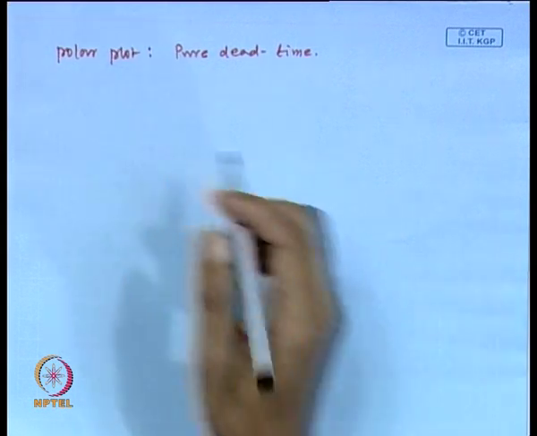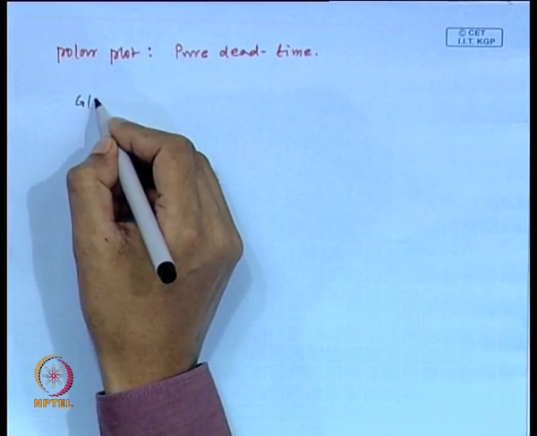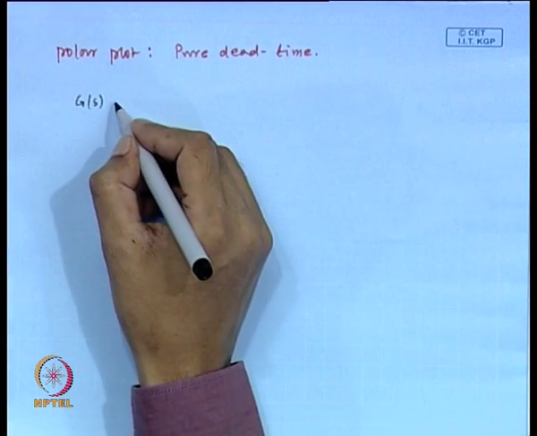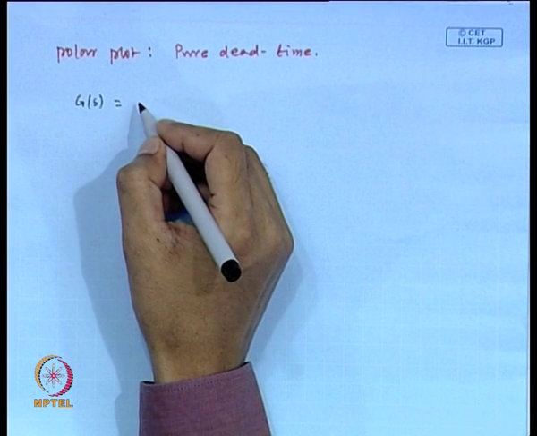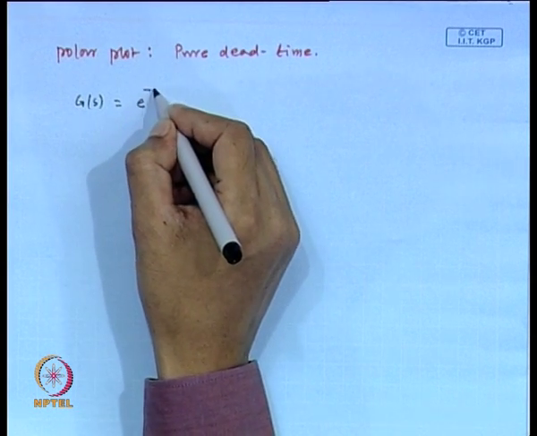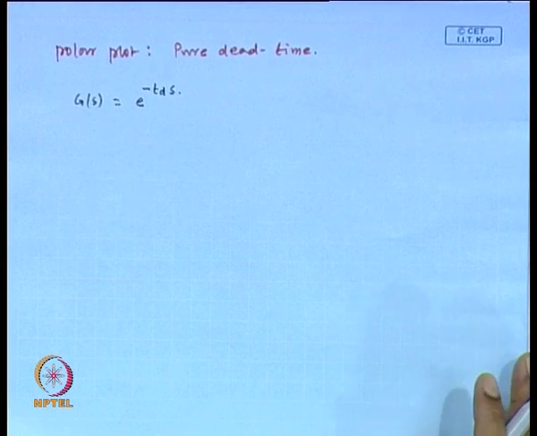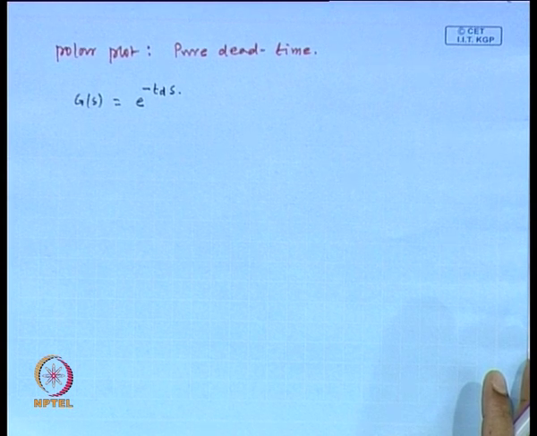The transfer function of this element, pure dead time element, we can write as exponential minus Td s. This is the transfer function of the pure time delay system.